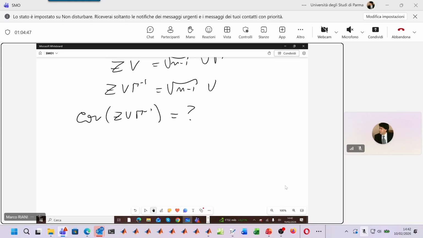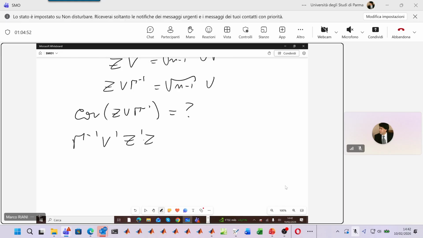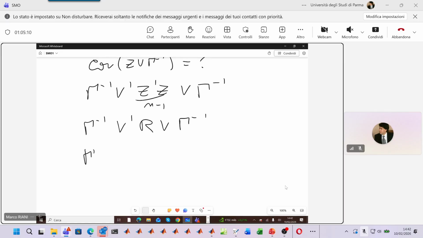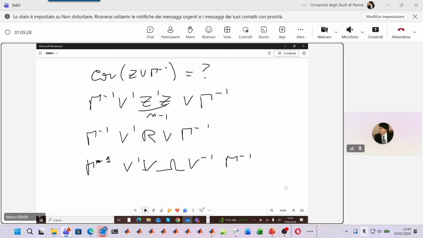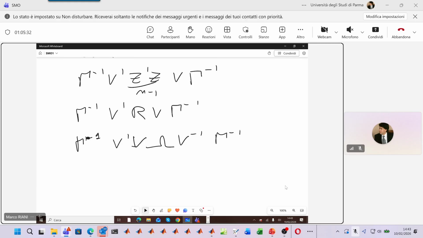Okay, and now we do it. Gamma to the minus 1, V prime, Z prime, Z, V gamma to the minus 1, right? So gamma to the minus 1, V prime R V, yes, it's the identity, but now we are going to prove it. Gamma to the minus 1, and then here we have V prime, V lambda V to the minus 1, gamma to the minus 1. I wrote everything correctly, I think so. Right, so I'm missing V, this is R here, okay.